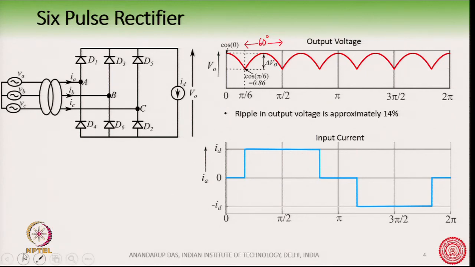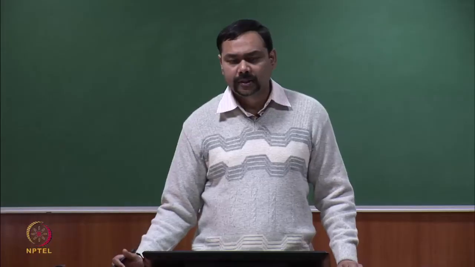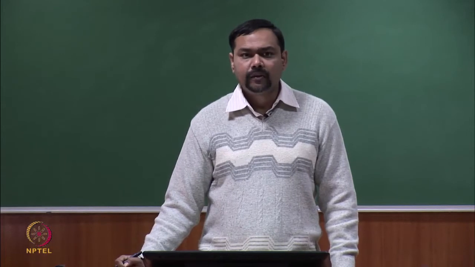And this input current, as you can understand from the waveform, is highly non-sinusoidal. It is far away from sinusoidal. It has a lot of harmonics present in it. Now, the input supply voltage is sinusoidal. Typically, we can assume that the input supply voltage is almost close to a perfect sine wave.